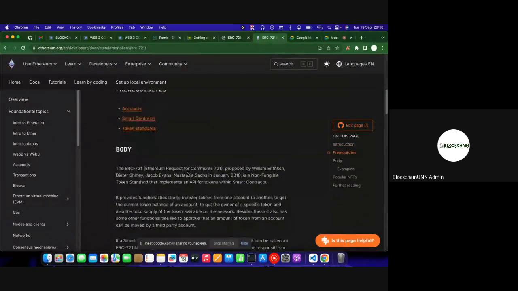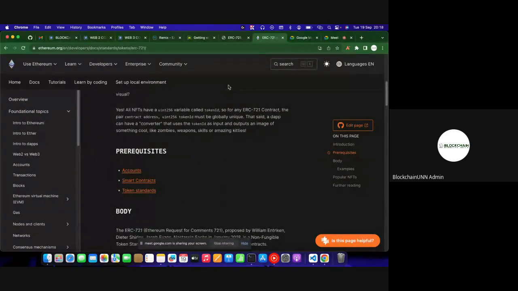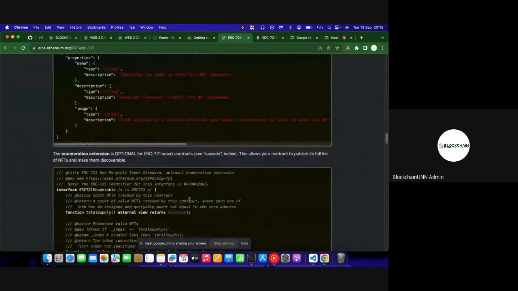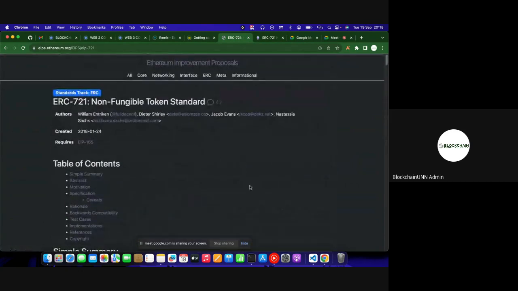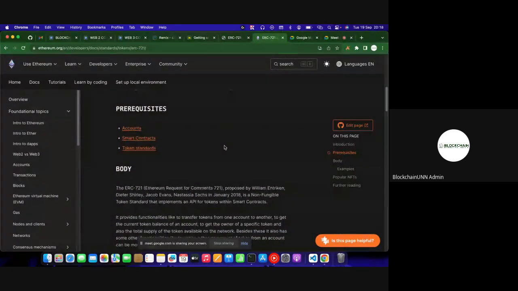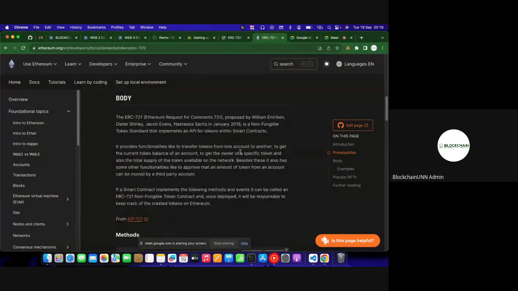I would want us to go through this EIP in detail, but before then, I just want us to get an overview of what an NFT is and basically how NFTs are important or useful to the ecosystem. All right. It was proposed by William Entriken, Dieter Shirley, Jacob Evans, and Nastassia Sachs in January 2018.